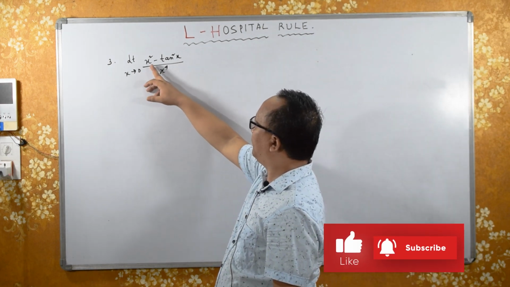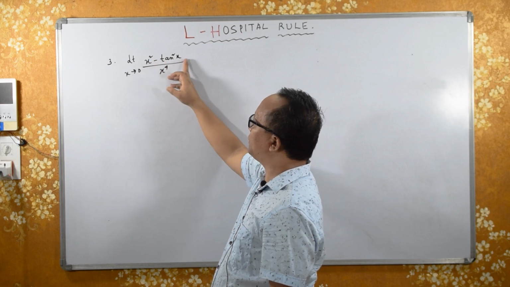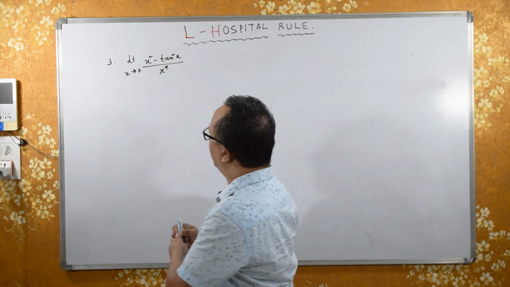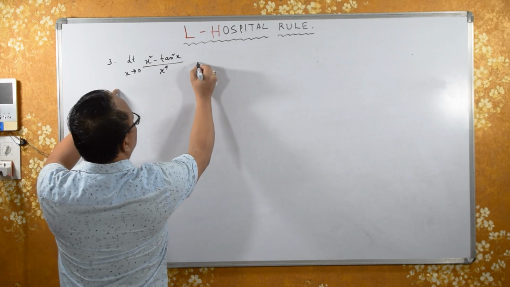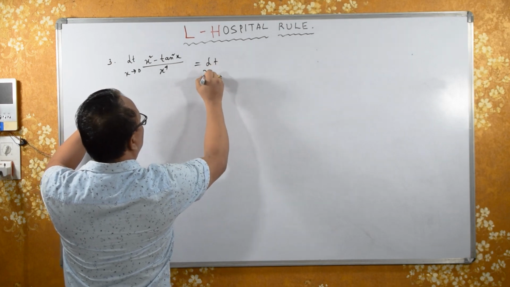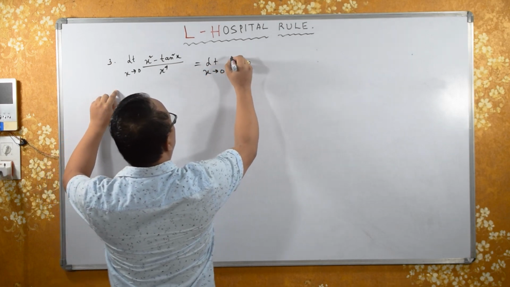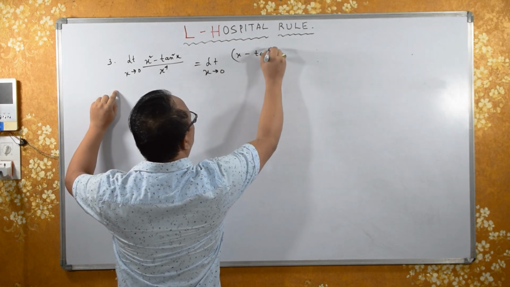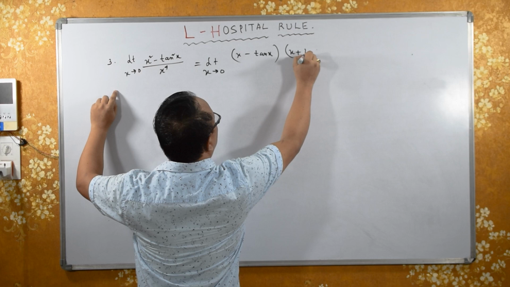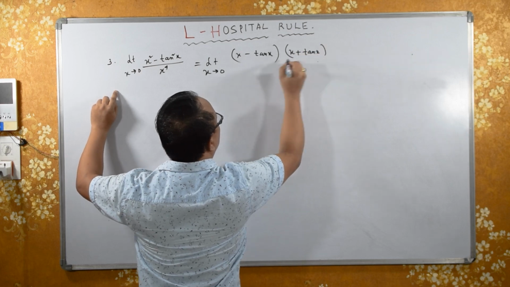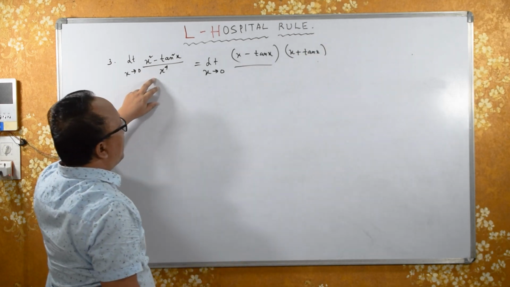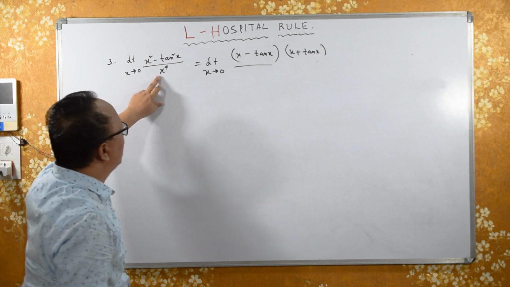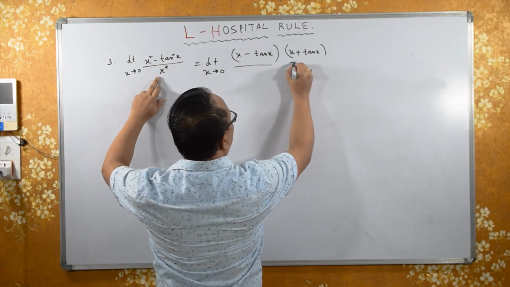If I apply a squared minus b squared is a minus b into a plus b, let's apply it this way. This is the same as the limit of x tends to 0, x minus tan x upon x cube into x plus tan x upon x.